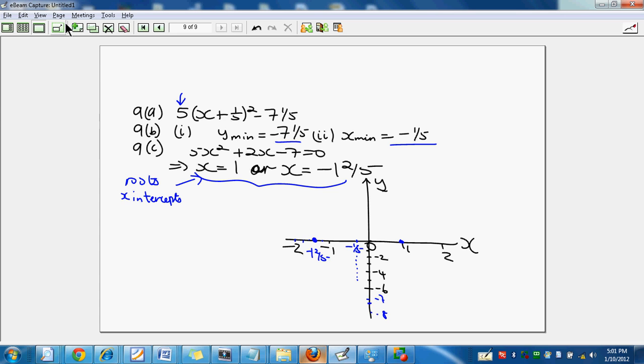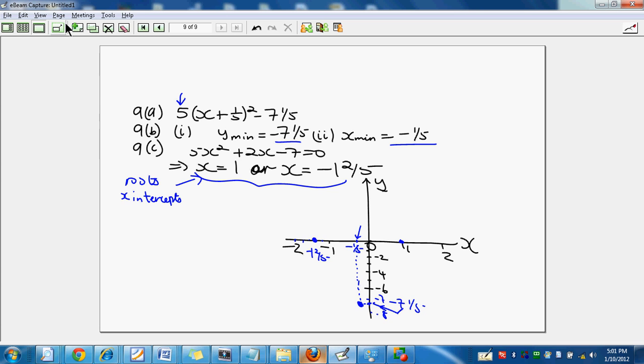So we write minus 7 and 1/5. So the minimum point, if we extrapolate this out and bring this down here, is where x is equal to minus 1/5 and the y value, which is the minimum value of the function, is minus 7 and 1/5. That's this point here.